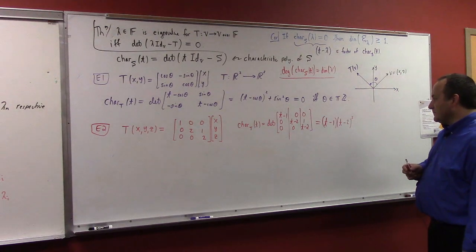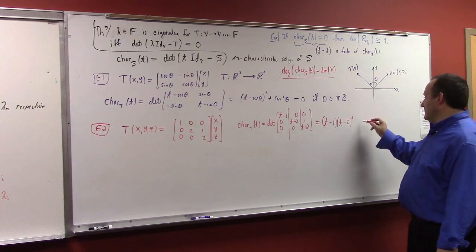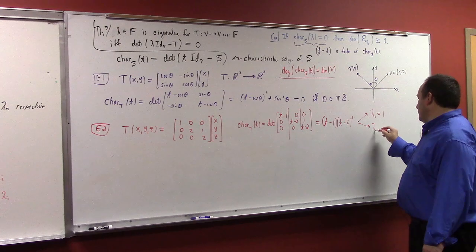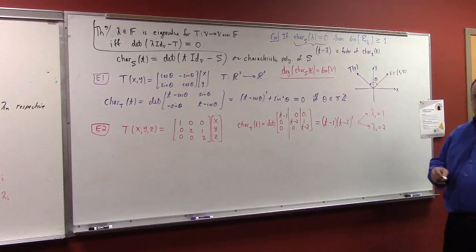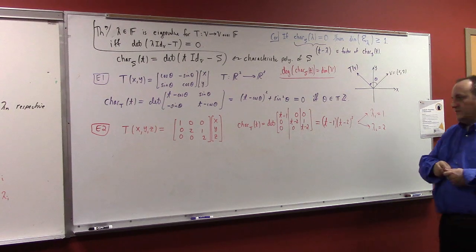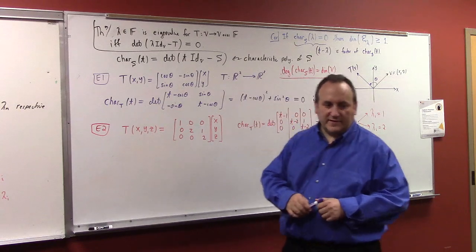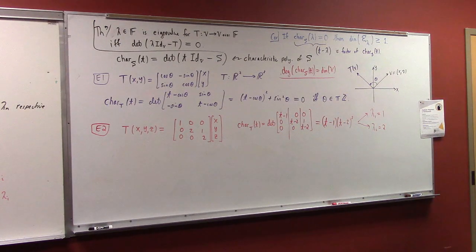But anyway, so we see that we have, let's say, lambda 1 equals 1 and lambda 2 equals 2. Let me introduce some terminology. The multiplicity of the eigenvalue in the characteristic polynomial is called the algebraic multiplicity.